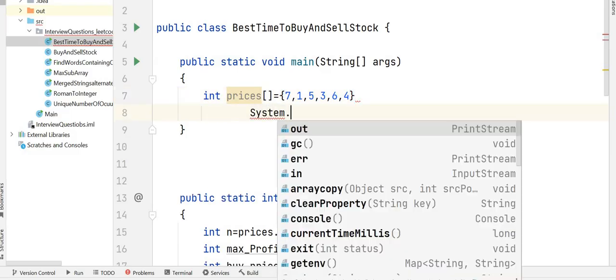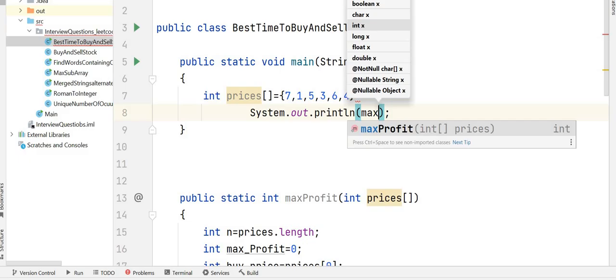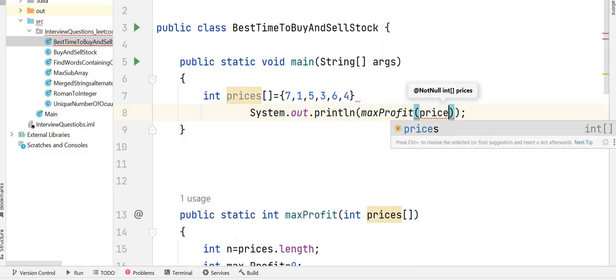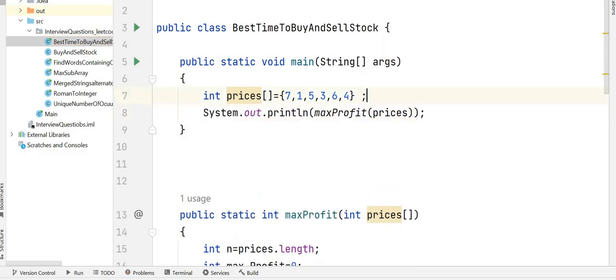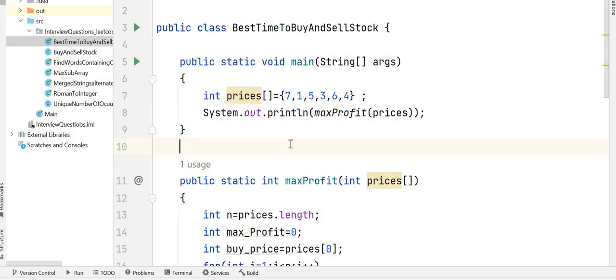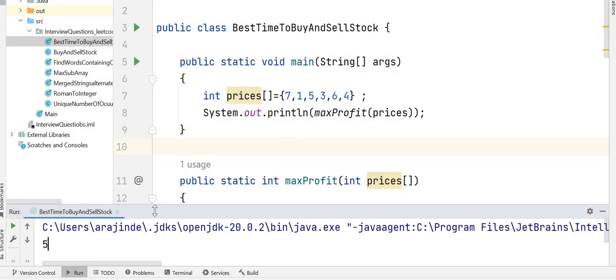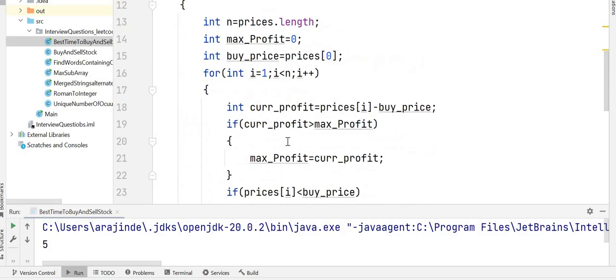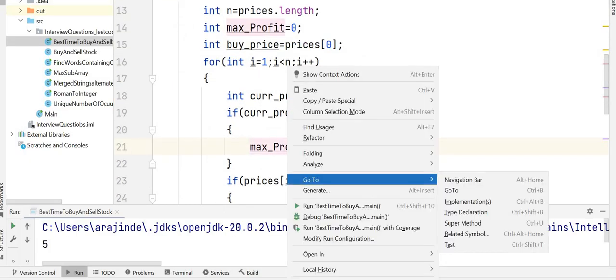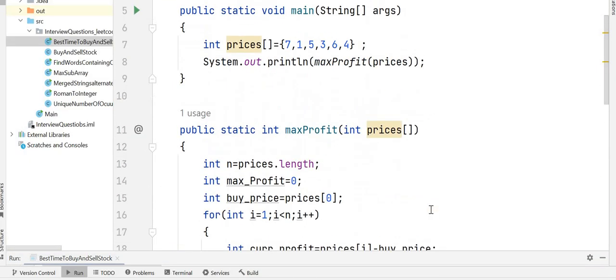And write your print statement. Let's call the method maxProfit and the input is the prices array. So let's run the program. So you can see here the maximum profit is 5, because we are buying at the minimum price as 1 and selling at price 6 in the future. So this is how we need to write the solution for it. I hope you understood the solution.